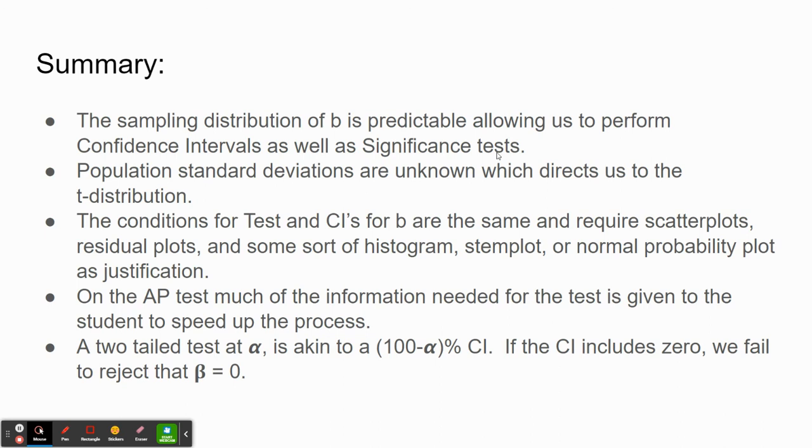You're 95% sure that the slope is not 0. That's the same as rejecting the null hypothesis. If 0 is included in your confidence interval, then if we had done a test instead, we would not have rejected that b was equal to 0. So again, that's a two-tailed test, and it's the same as a confidence interval.